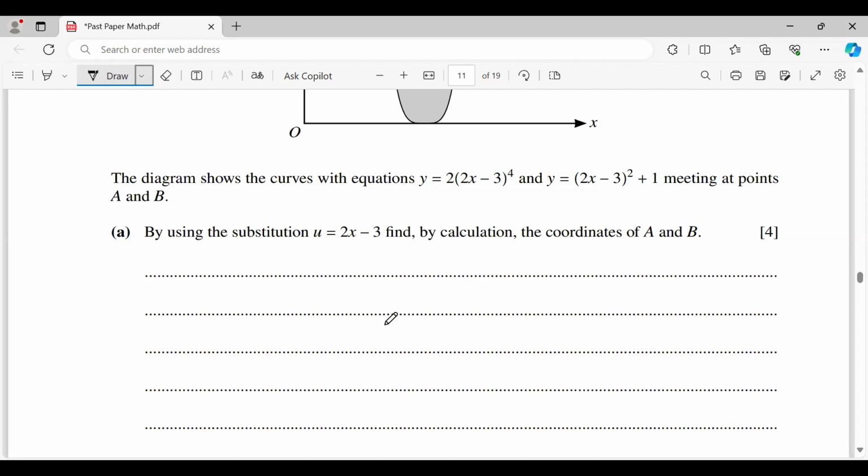Okay. So it means u equals 2x minus 3. So this equation can be written as y equals 2 times u to the power 4, while this equation is y equals u squared plus 1.